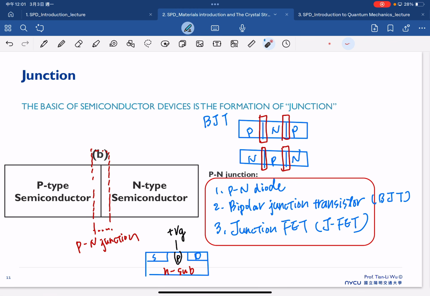And also, we have the last one. It's what we call the thyristor. A thyristor is a structure that combines p-n structures, which is a device that looks like this.